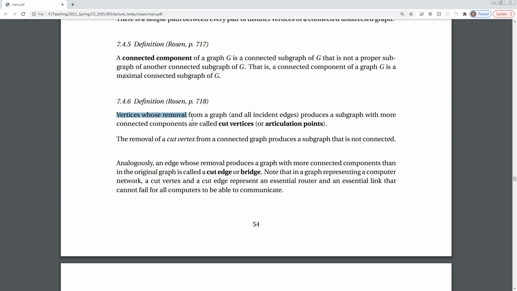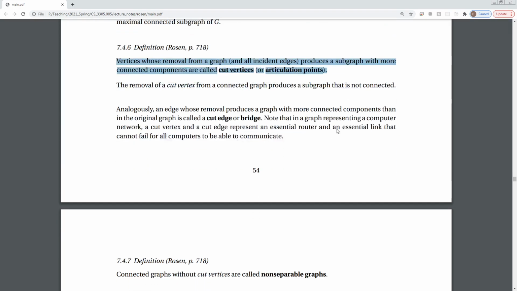Okay, so now we're going to discuss cut vertices, and this is exactly our, in terms of networks or roadways, sabotage.